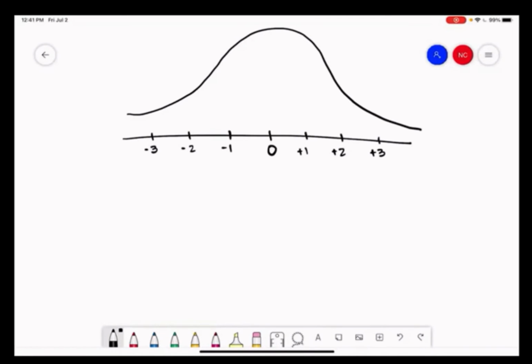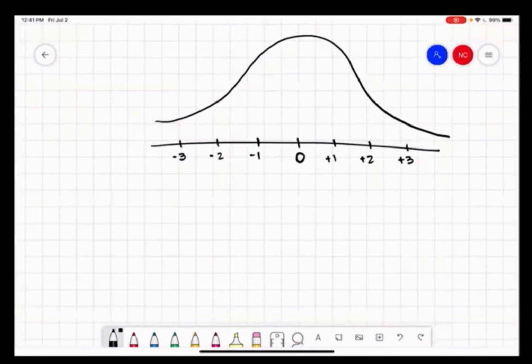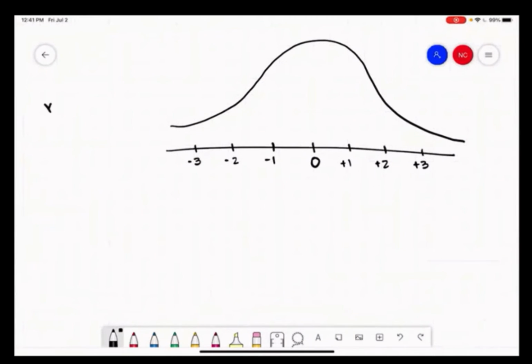Okay, and I noted that our mean, I'll write this over here, our mean was 23.5 hours, and our standard deviation was 5.8 hours. Okay, so the important thing to remember is that these are actually in the units of measurement. The values in the x-axis that I wrote initially are standard deviation units.